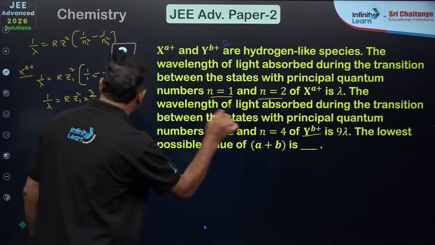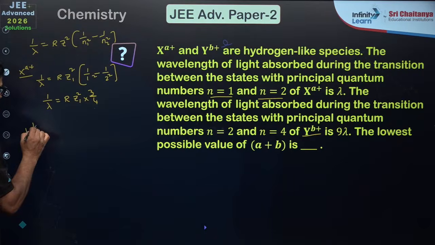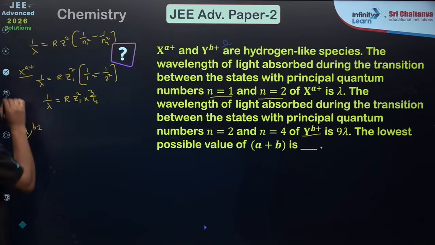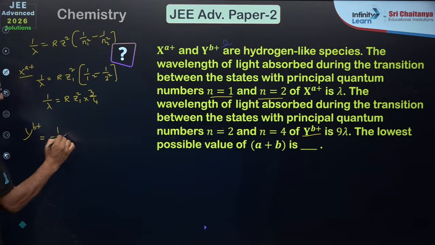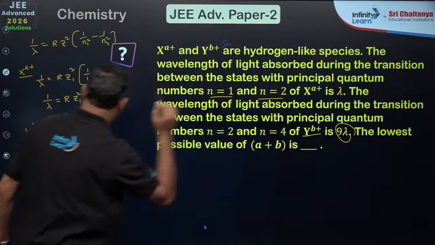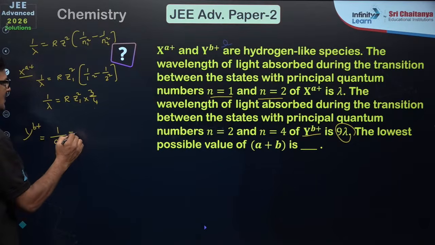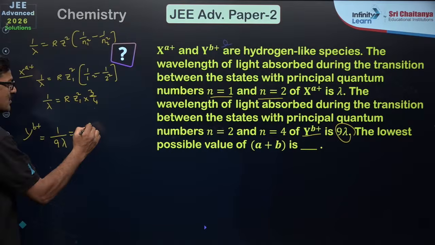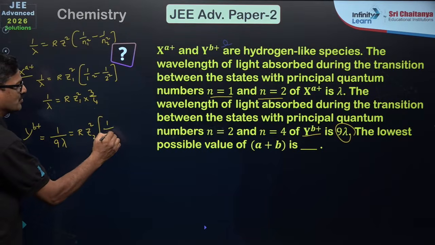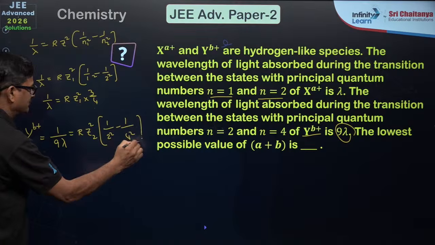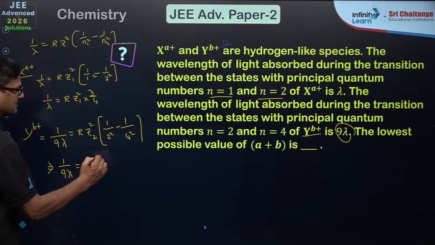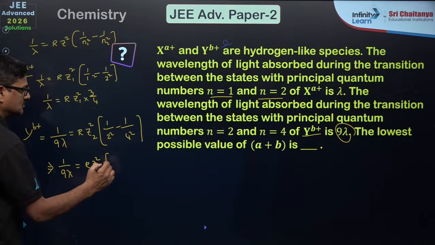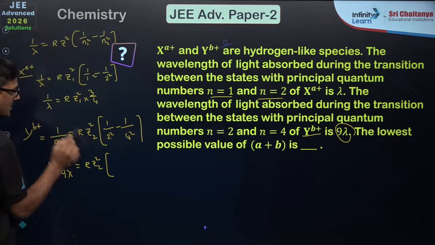And for YB plus, another hydrogen-like species, it is given as 1 by 9 lambda is equal to R Z2 square, 1 by 2 square minus 1 by 4 square. So 1 by 9 lambda is equal to R Z2 square, and you get 3 by 16.